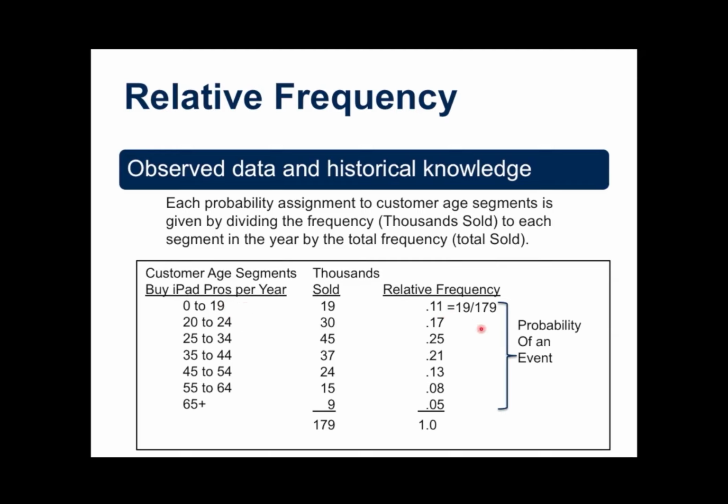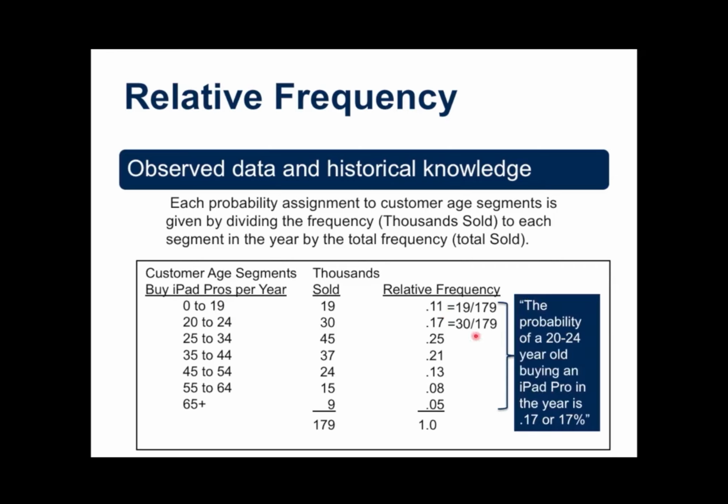And that would continue on. I haven't got the math here, as I believe it's intuitive. I guess I did one more here to interpret this. In the 20 to 24 age group, we sold 30,000 units in the year. Divided by the 179 total, that's a relative frequency of 0.17 because I'm taking the 30 divided by the 179.